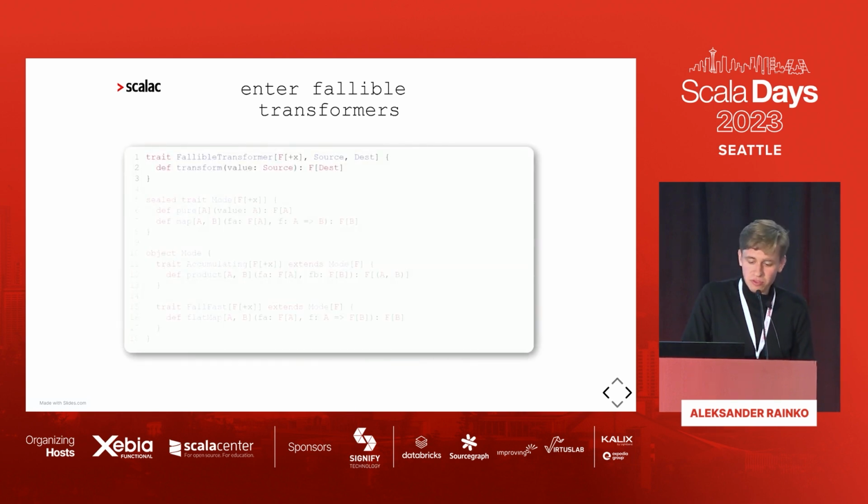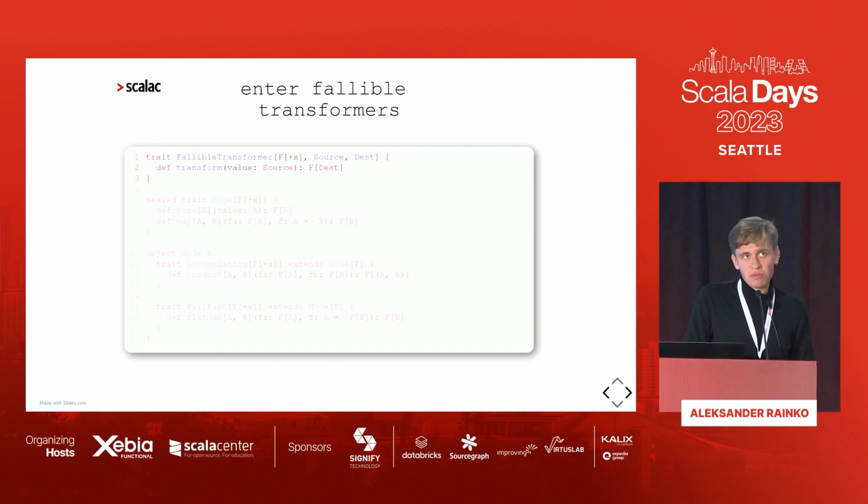A partial transformer is just like a transformer that can fail, as the name implies. And the only thing that differentiates it from the transformer is another type parameter, this time a higher-kinded type F, that is the wrapper type of a transformation, of a validation. So F can be Option, it can be an Either, whatever, right?